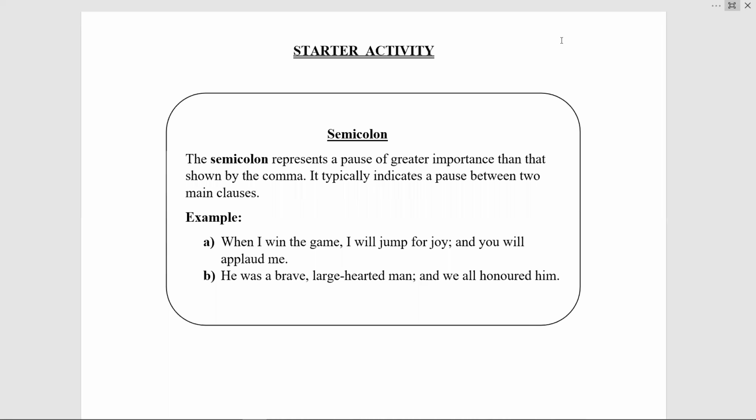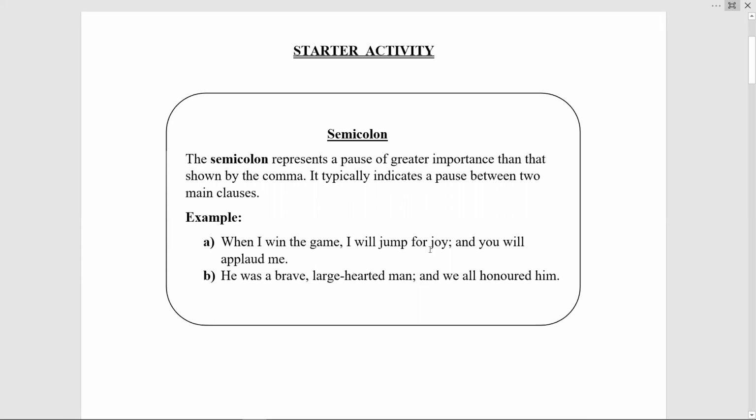What is a semicolon, guys? The semicolon represents a pause of greater importance than that shown by the comma. It typically indicates a pause between two main clauses. For example, when I win the game, I'll jump for joy; and you will applaud me. In this sentence, when I win the game is the main clause.